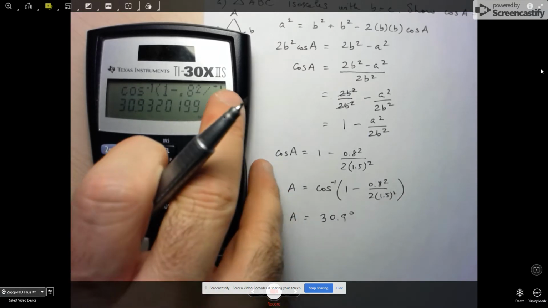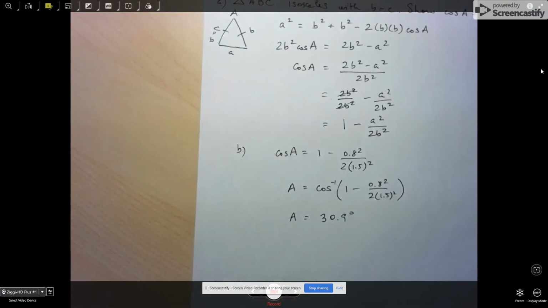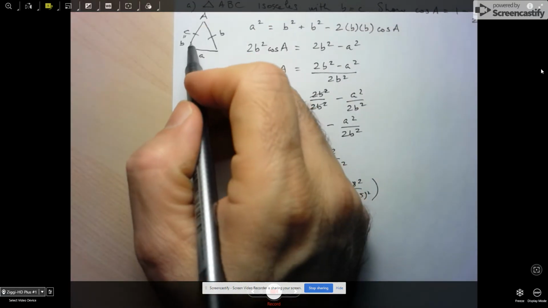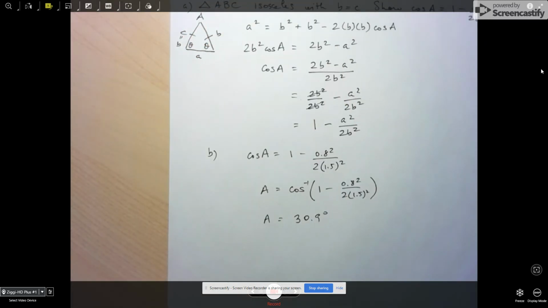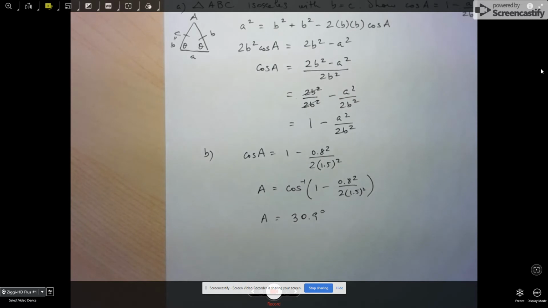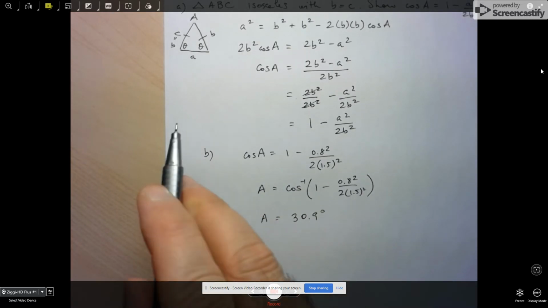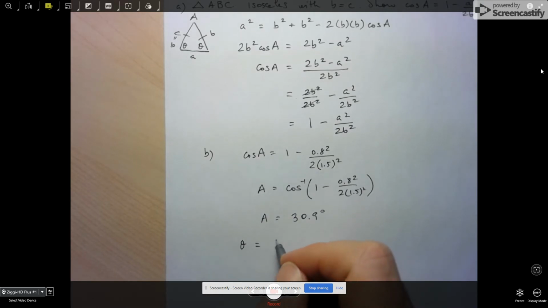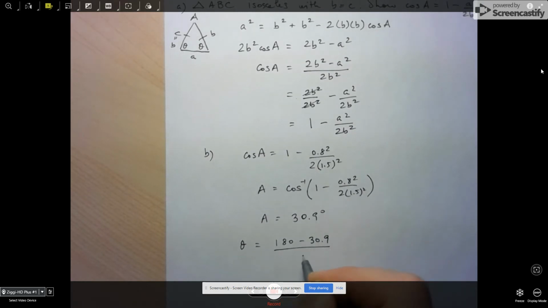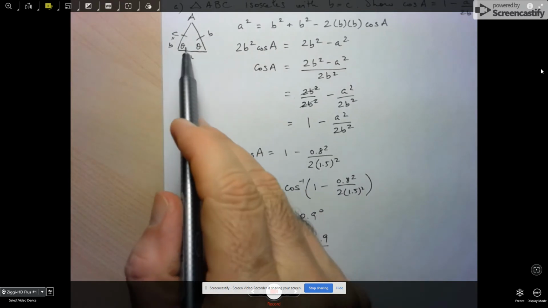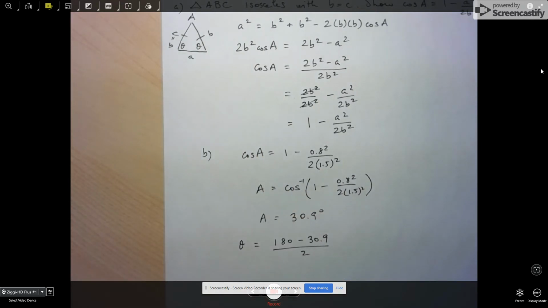Now I just need to find the other two angles, but because this is an isosceles triangle, these two angles are going to be the same. So I actually don't have to do much more work. I can just say that the angle theta, which represents the other two angles in the triangle, is just 180 minus this 30.9 divided by 2, since what remains is just going to be two equal angles.